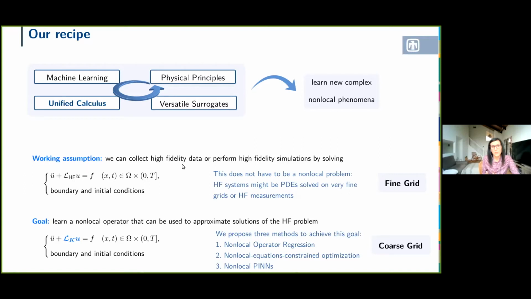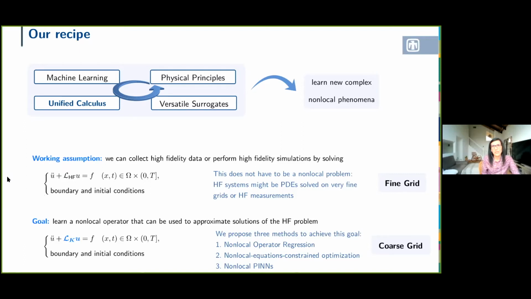What happens usually is that the high fidelity model has to be solved on a very fine grid, so it's very expensive, while the non-local model can be solved on a coarser grid. Now, this high fidelity model doesn't have to be a non-local model. Actually, in most of the cases that we consider, this is a PDE.